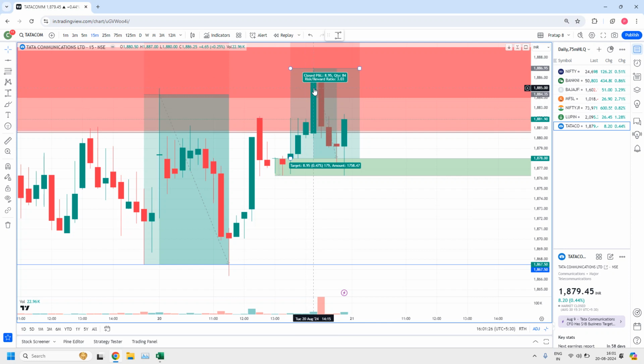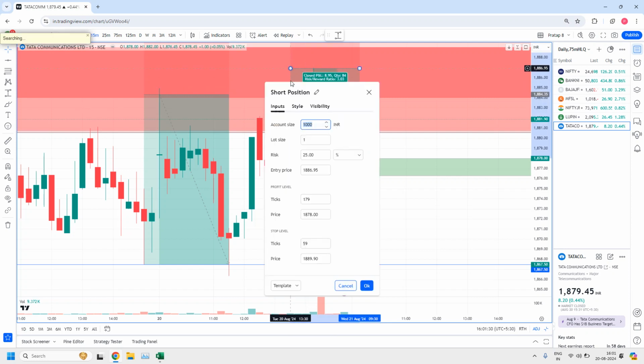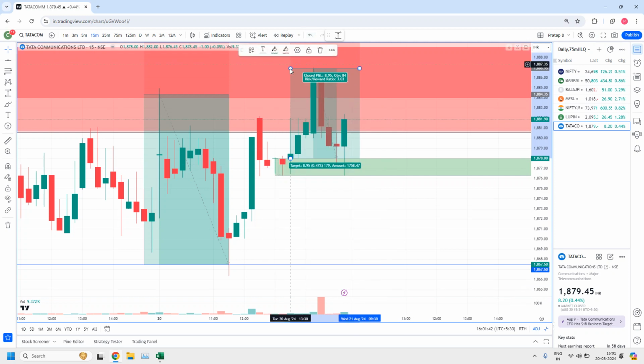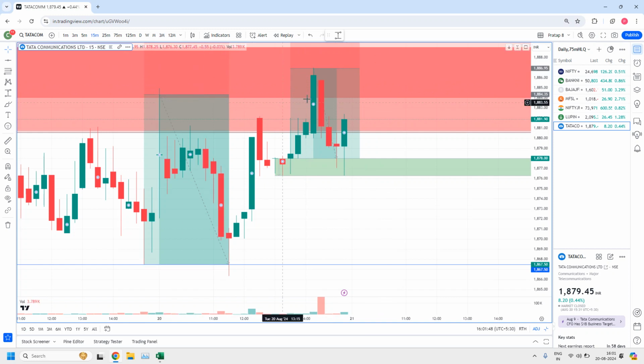So what is the high of this candle? First of all, what is the entry? The entry is 1886.95. Did price reach this level today? Yes, it reached. It went up to 1887. See the high of this candle, you can observe here. The high of this candle is 1887.